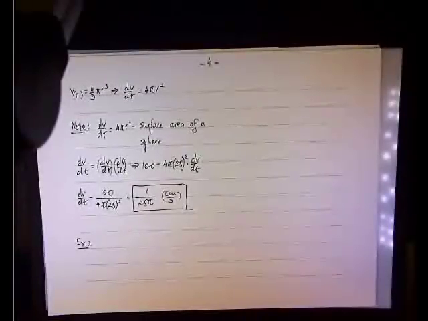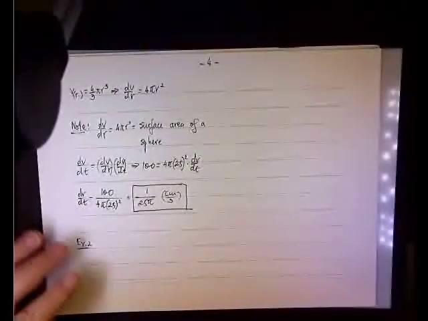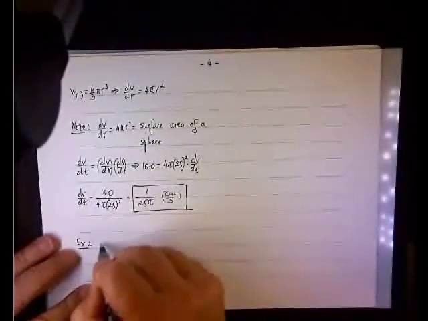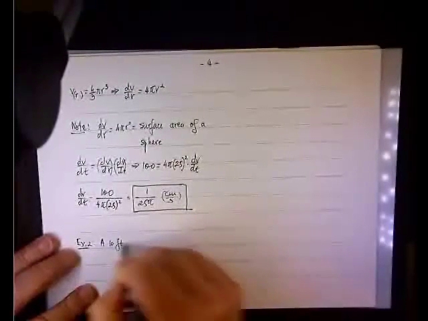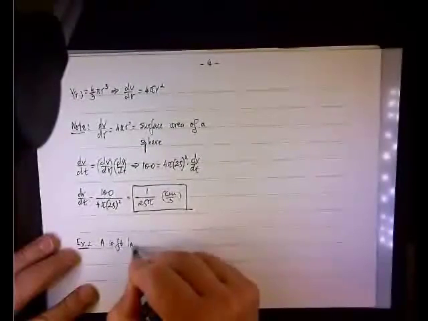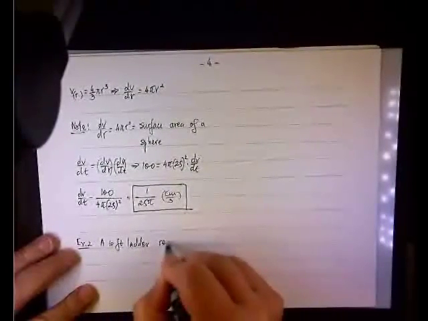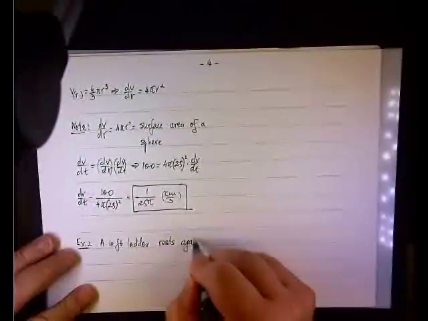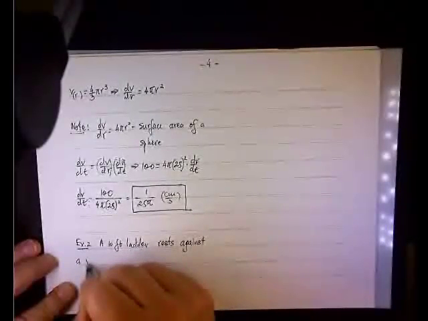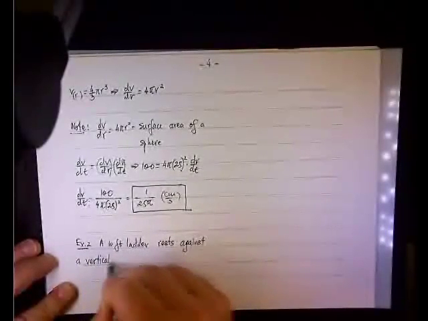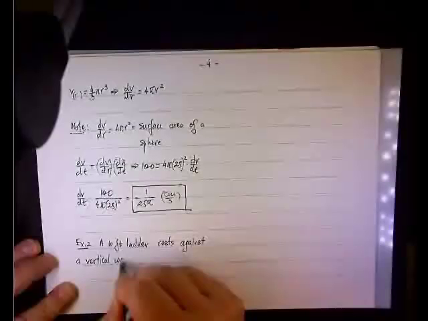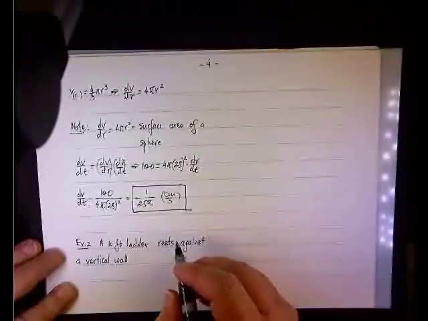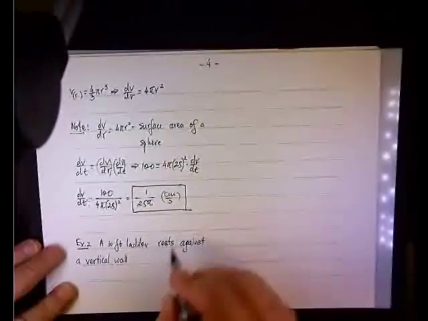You want to know how fast you're falling, don't you? So, here's the example. A 10-foot ladder rests against a vertical wall. The bottom of the ladder slides away from the wall at a rate of 1 foot per second.